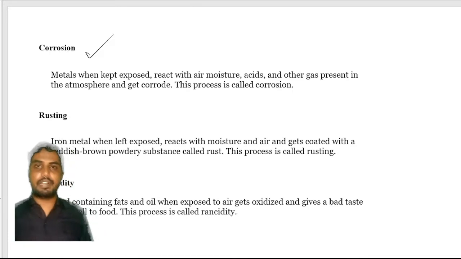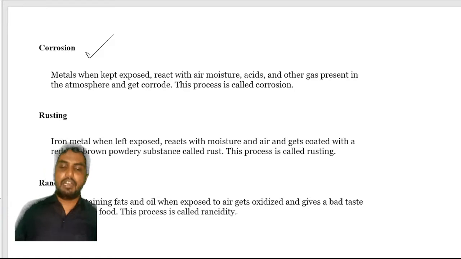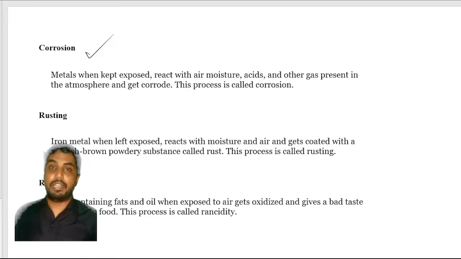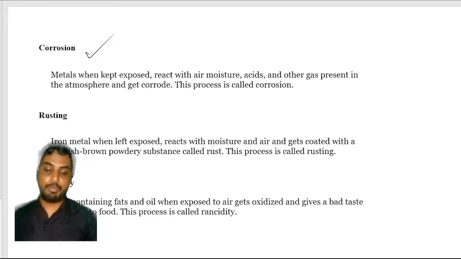So going forward with rusting. What is meant by rusting here? When iron metal is left exposed, so this is especially for iron, to oxygen, water or moisture, rust will form.